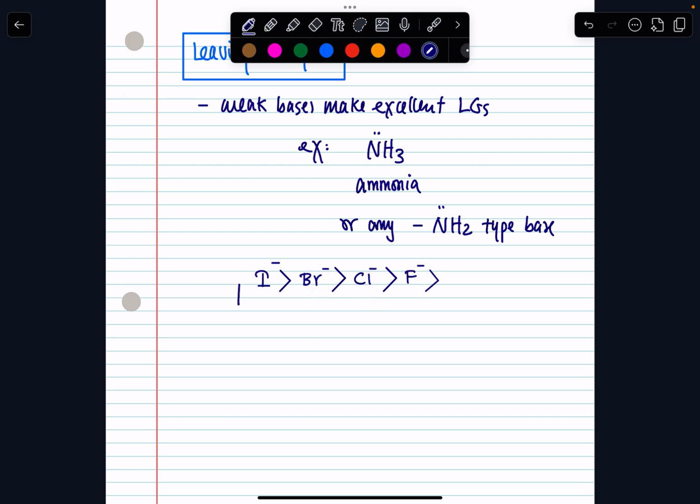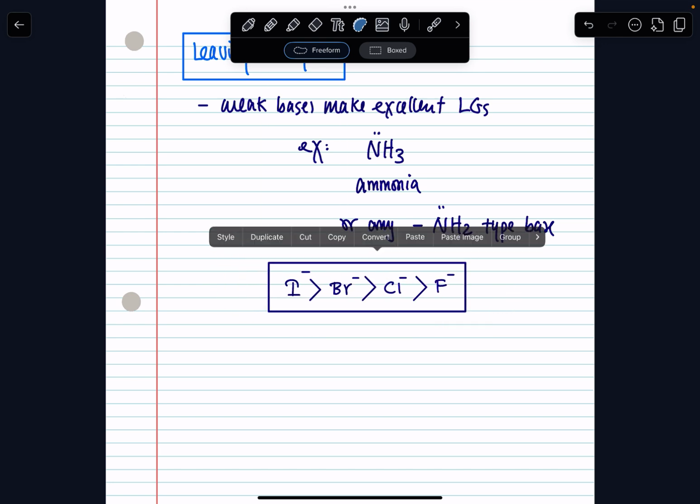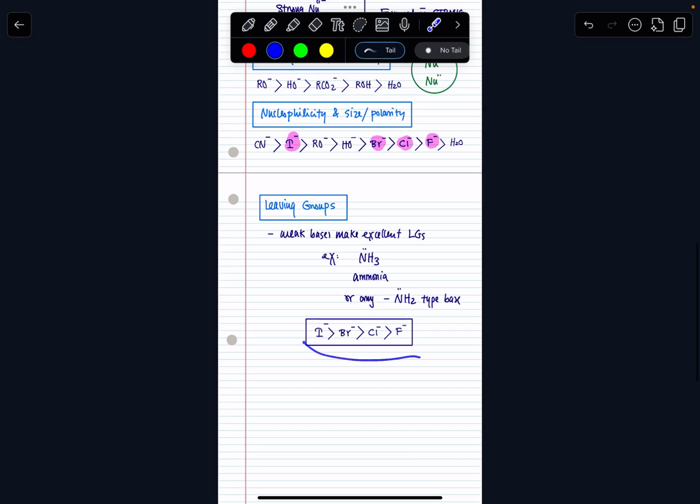Make sure you know this trend. So what this means is if your leaving group is I minus, it would become a better leaving group compared to F minus. Now, if you're wondering why, this is a different type of description. So don't try to compare this trend with this trend. You're talking about two different things. This is a leaving group situation.